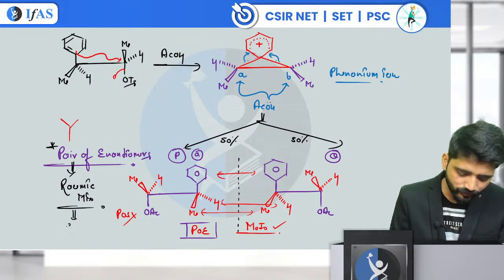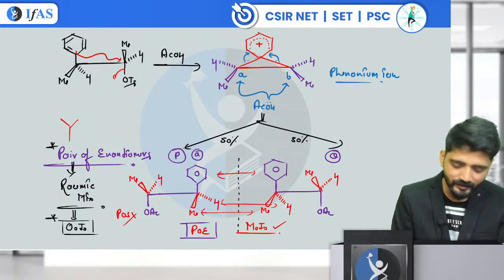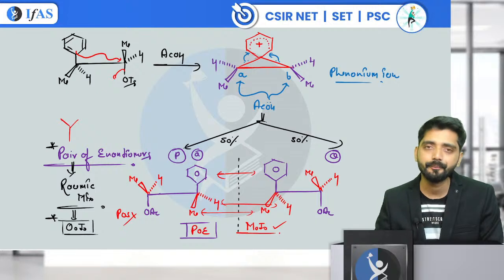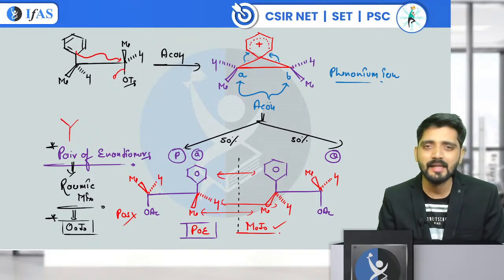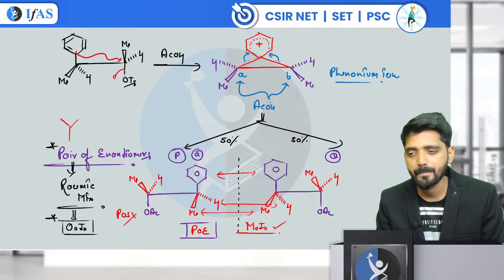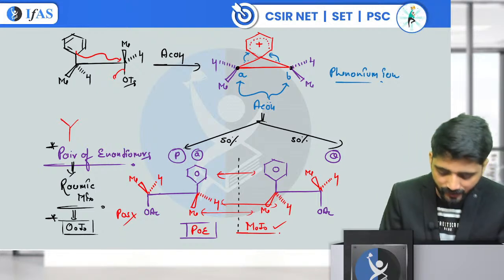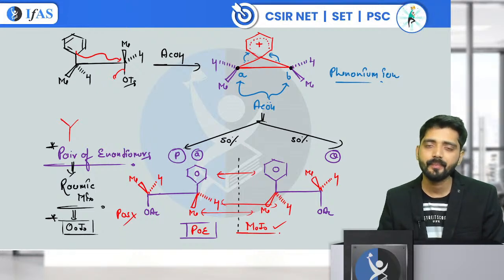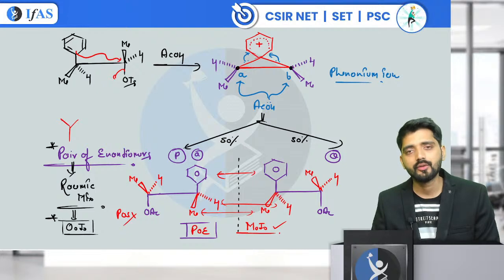And racemic mixtures are always optically inactive because they do not rotate plane polarized light. So these are the further conclusions we can draw: pair of enantiomers, racemic mixture, optically inactive. These A and B centers look similar, but when we form the product, they are different. So this is how our product is going to look.